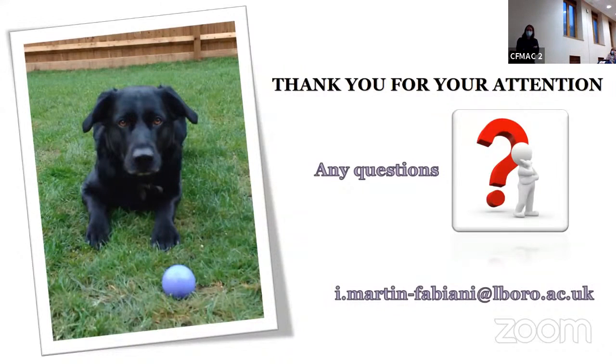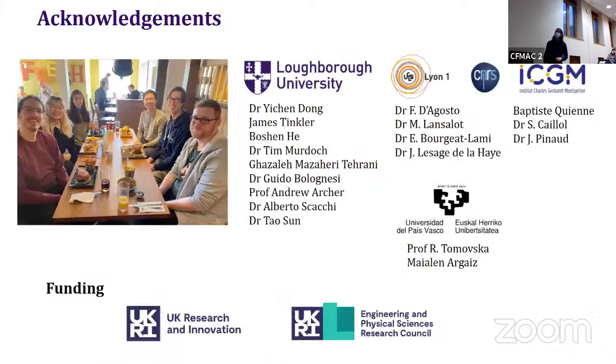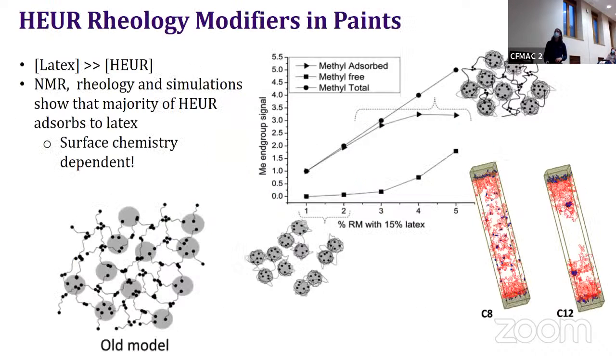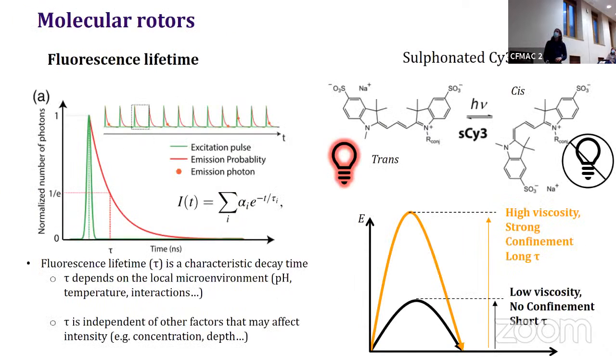Okay, thank you. And I have a question. Could you please explain to us why the luminescence depends on the viscosity? What is the reason for that? Yeah, if you look at the molecule, you can see these two configurations, and there's a rotation from this configuration to that one.